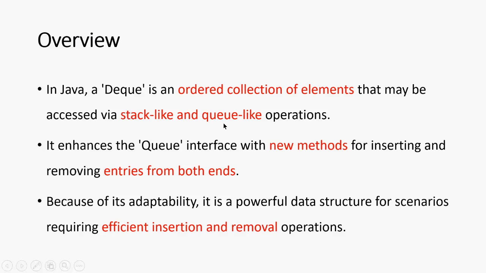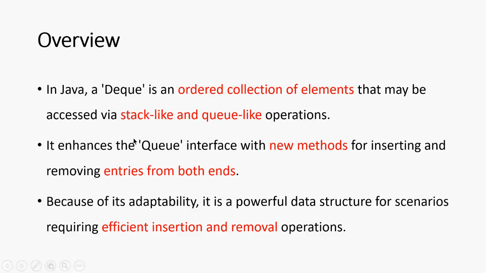Meaning, with respect to the scenario or the objective of our program or the test case, we can make the data structure act as a queue or as a stack, which means that in both ways you could keep adding information and in both ways you could remove the information. You can insert elements both from the front end and the back end. Similarly, you can remove the information or data from the front end and the back end.